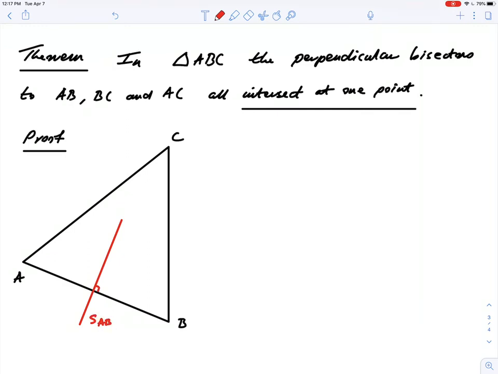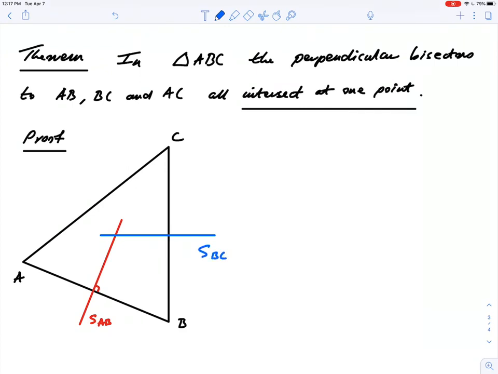Okay, so we'll have SAB here. And let's draw SBC. So SBC looks kind of like that. That's a bit better. Okay, so this is SBC.